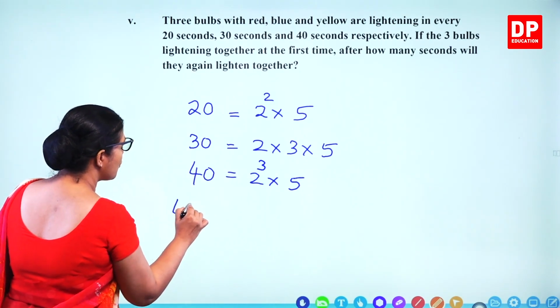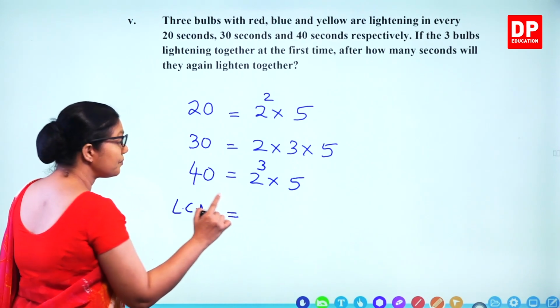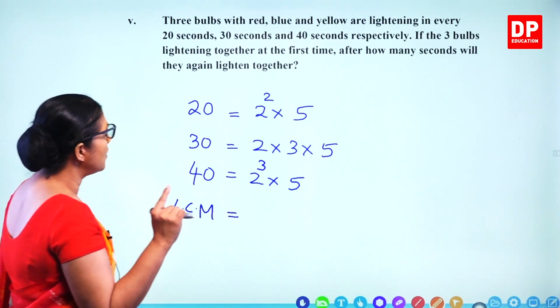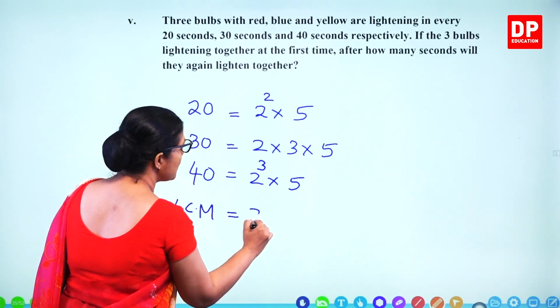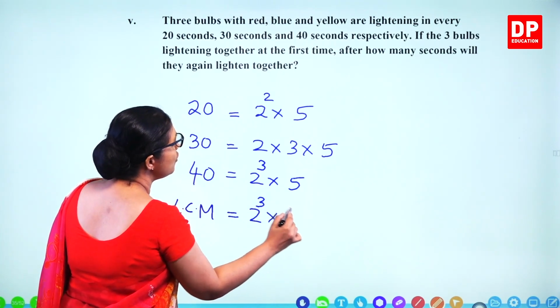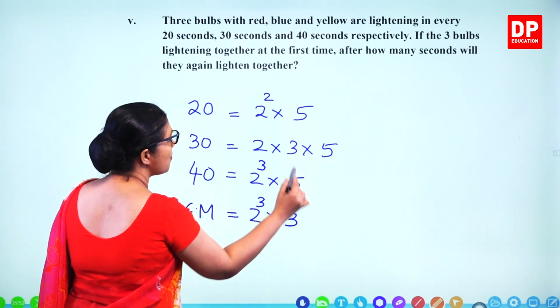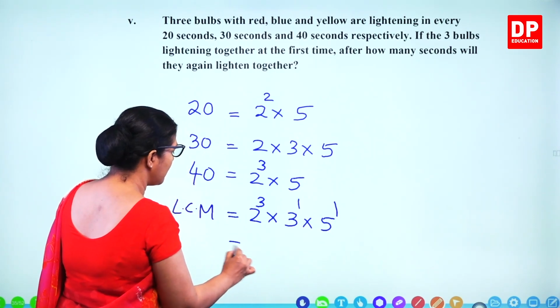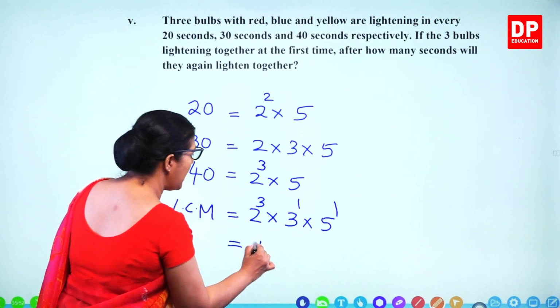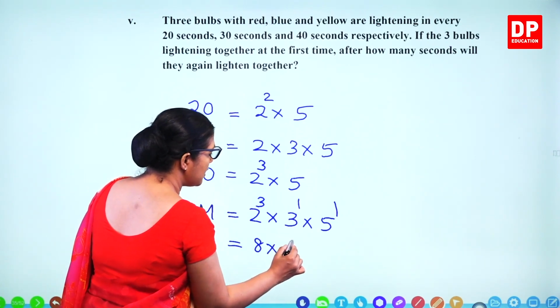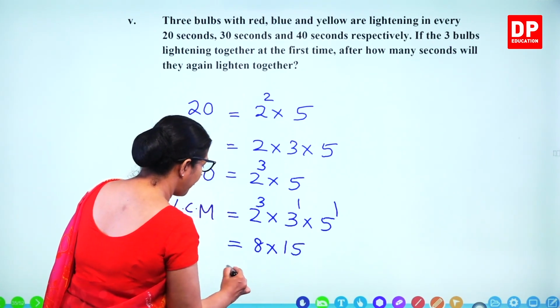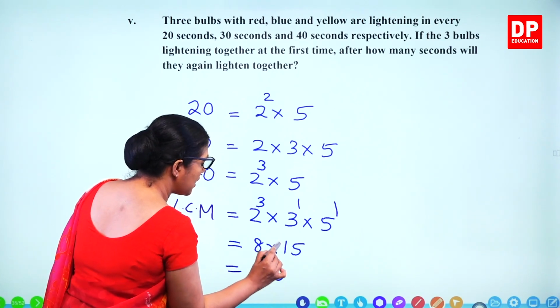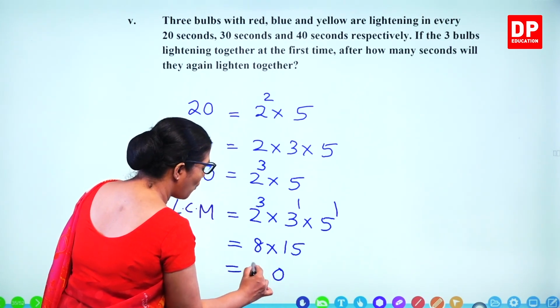So find the lowest common multiple. Take the highest power. When you take 2, the highest power is 3. When you take 3, the highest power is 1. 5, the highest power is 1. 2 to the power 3 is 8. 3 times 5, 15. 8 times 15, 120.